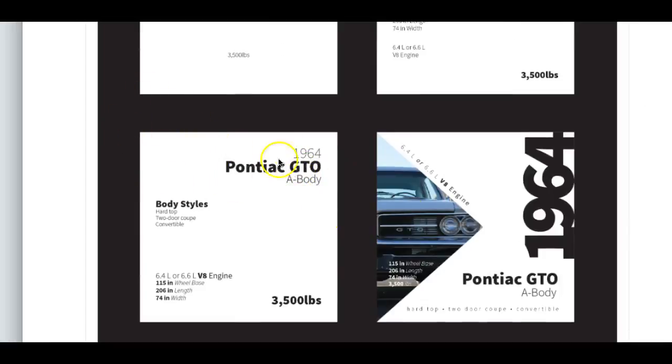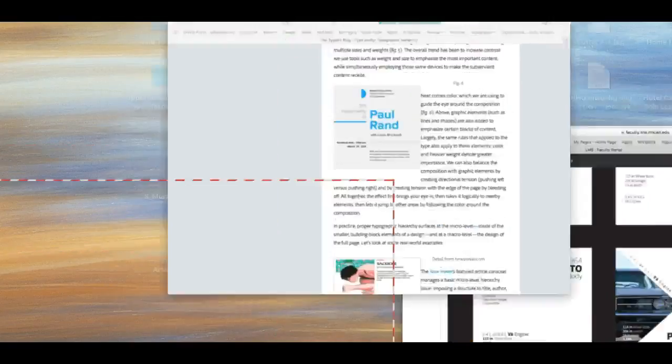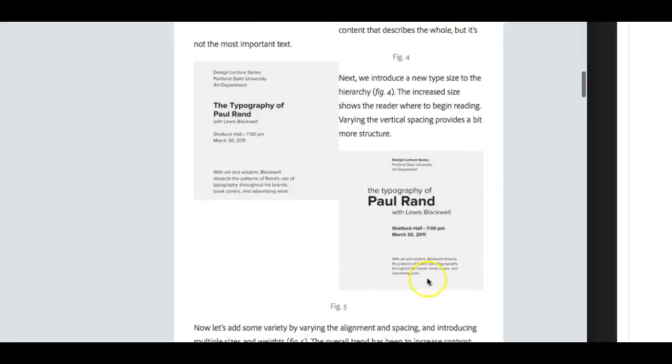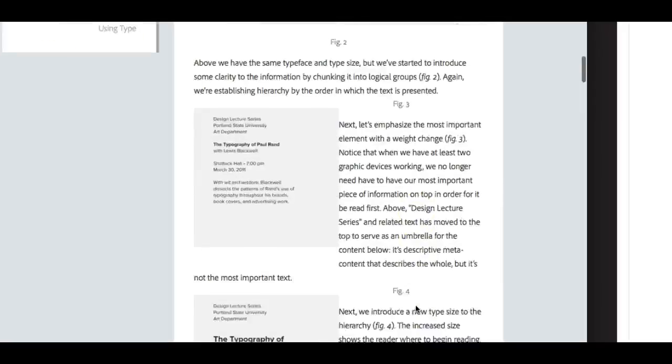The eye goes here, then here, then here, then here. Instead of taking the whole thing in at once, you're jumping around here, here, here, and here. Do you see what I'm saying?